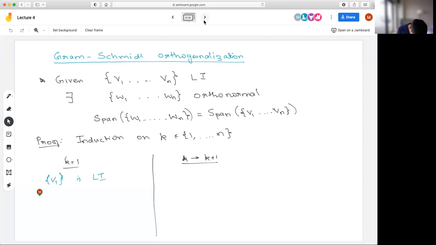I need to find w1. Now, w1 doesn't need to be orthogonal to anything because there is nothing else. I just need to find w1, which has norm 1. Okay. So here, I can just take it to be v1 divided by the norm of v1, which is non-zero because v1 is non-zero. Right? That's the one conclusion I do get from linear independence of a single vector.